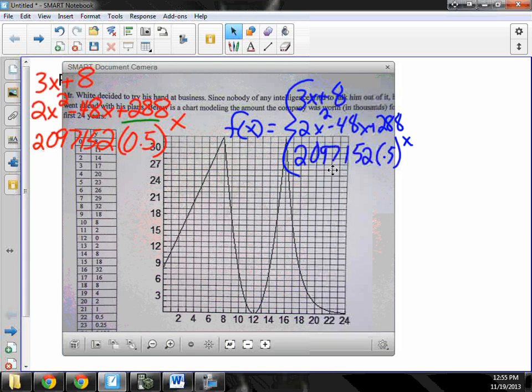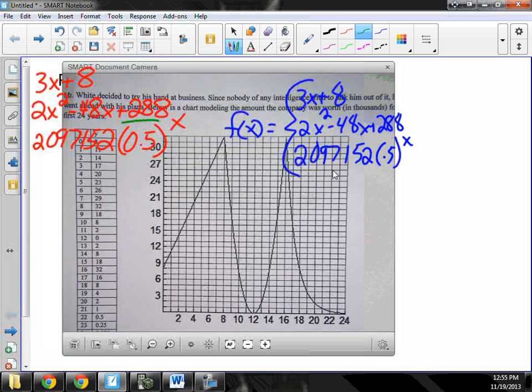Which values of x does the linear function exist? From 0 to 8. So the way I prefer to do this is to use interval notation. So I'm going to say this function when x equals every number from 0 to 8.